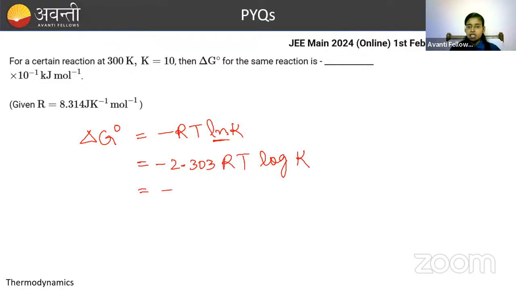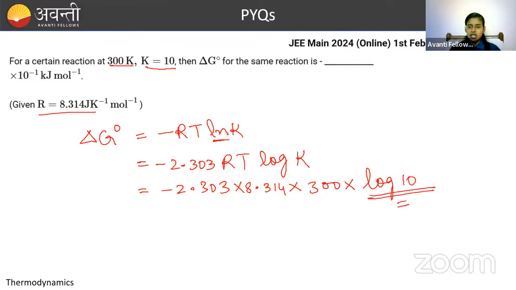Minus 2.303. What is the R value? It is 8.314 into the temperature. Temperature is given already in terms of Kelvin, so it is 300 Kelvin, into log of K value, which is 10. Log 10 is equal to 1.